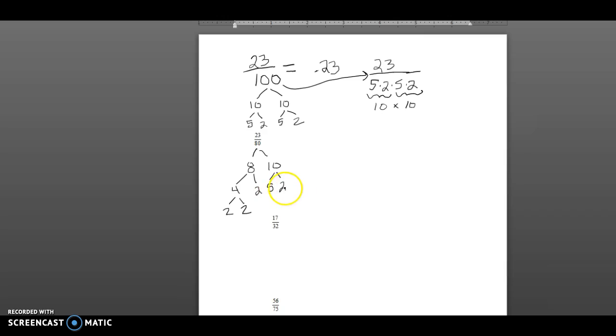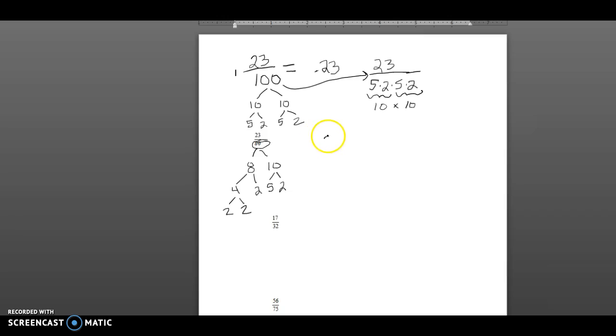Nothing other than a 5 or 2, so I know it terminates. Now it becomes my job to write it as a terminating decimal. Here's the trick. If I can get this 80 to turn into a power of 10, so 10, 100, 1,000, 10,000, I will be able to write it without doing any other work.